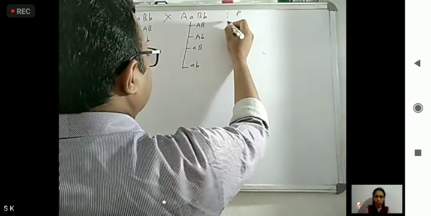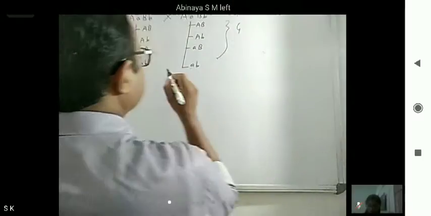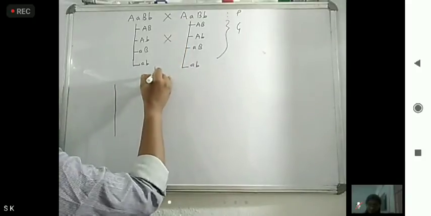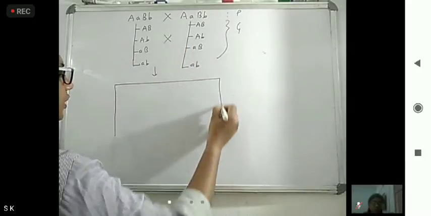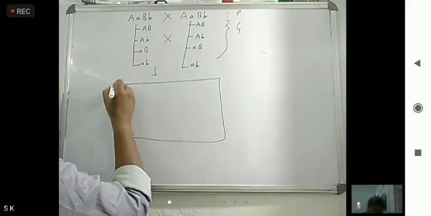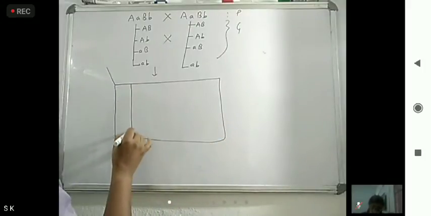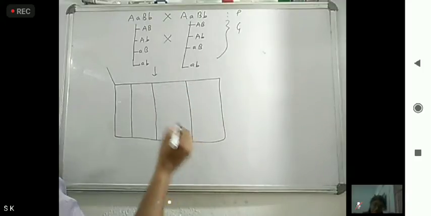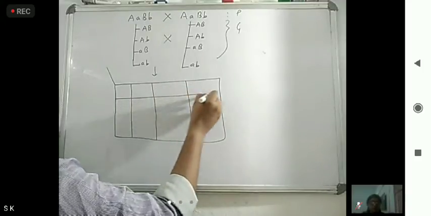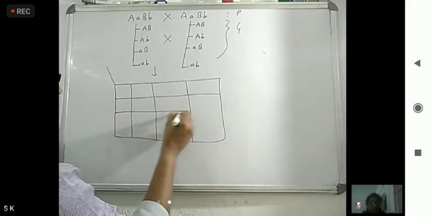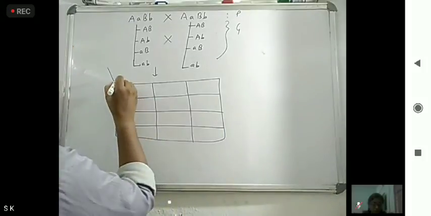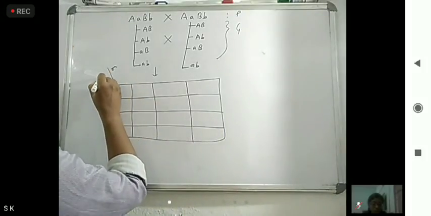Now, these are what? Gametes. Then what happens? Crosses will come. So this cross we have to show in a Punnett square. Now, this is male gamete, this is female gamete.